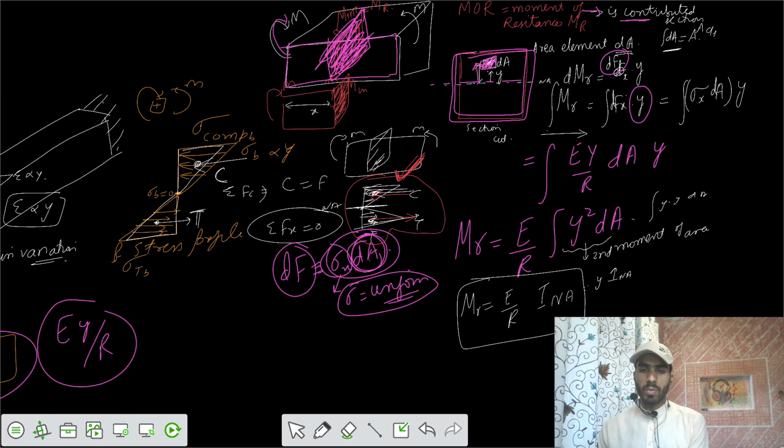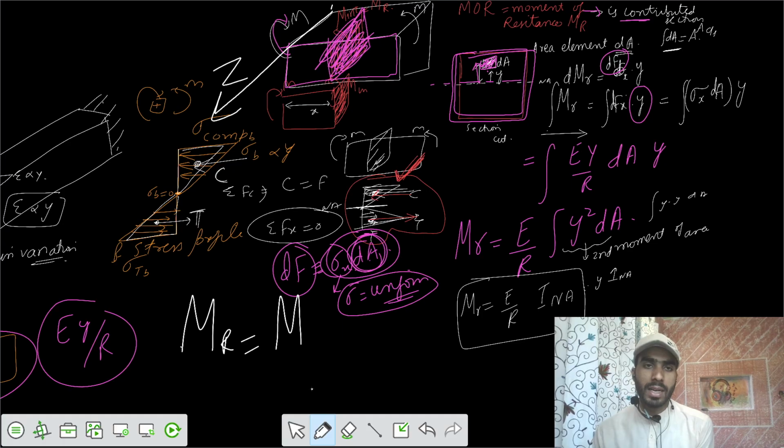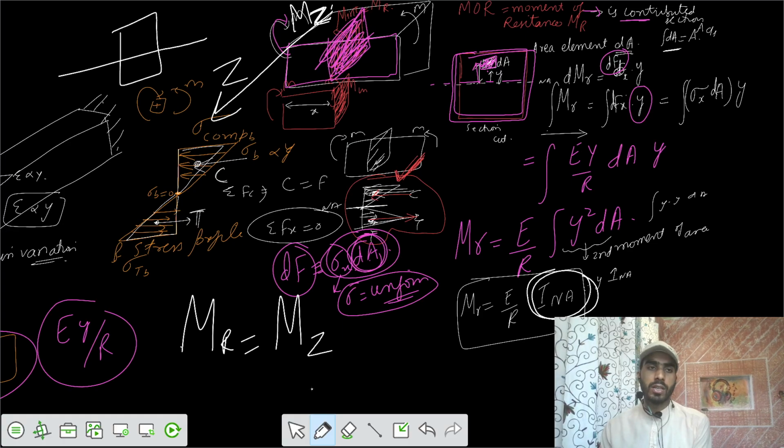We know that the moment of resistance should be equal to the external moment. So you had applied a moment in the z direction, so you can call it Mz. Your moment of resistance was equal to Mz, and the neutral axis is along the zz section. So this was your zz axis, and this is also the neutral axis.